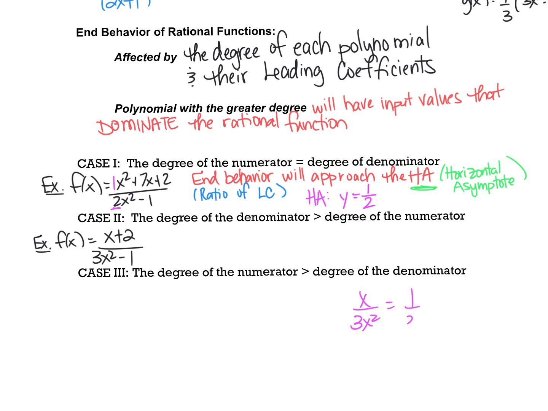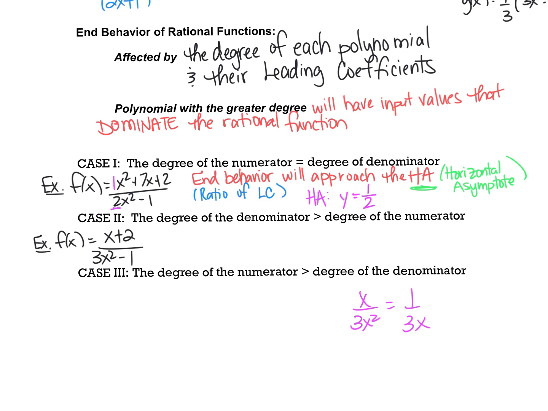1 over 3x. And I want you to think about what would happen if I put infinity in there for x. I can't think of infinity, but let's say I do 1 over 3 times 1,000. That's 1 over 3,000. What is that getting closer and closer to? 0. So the bigger number I put in there for x, the closer it gets to 0.